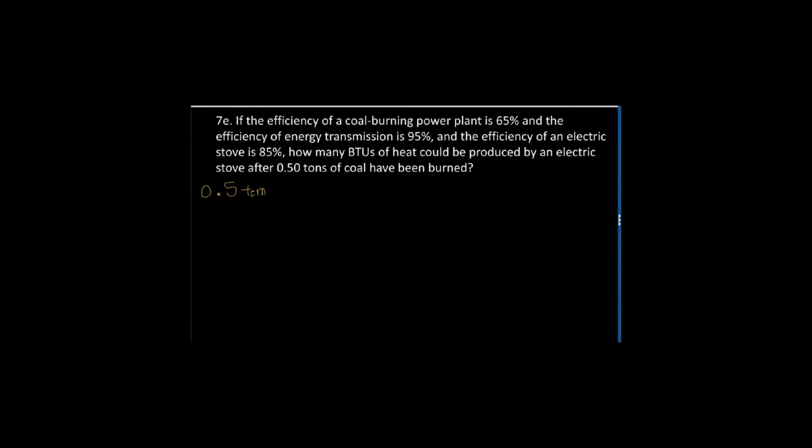You could, I'm just going to erase this and start over. You could do your efficiency first. Take all those percentages first, but I don't know. I like doing it at the end. I got this conversion again from that very first chart that's at the top of the problems page.